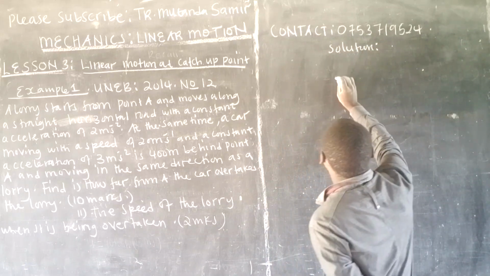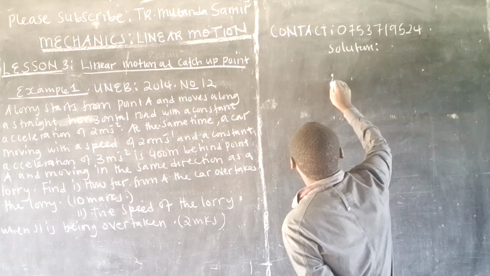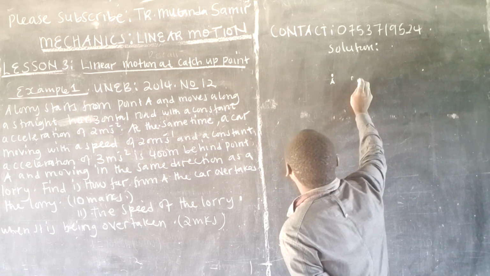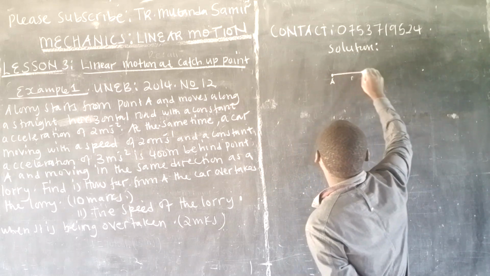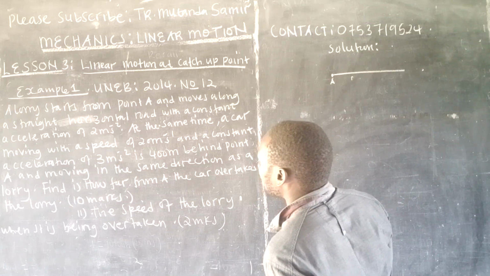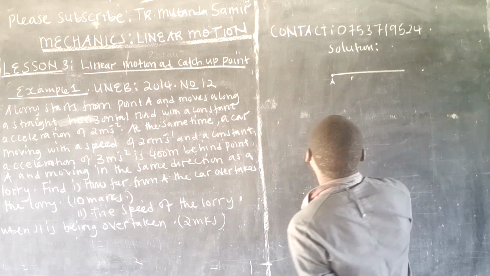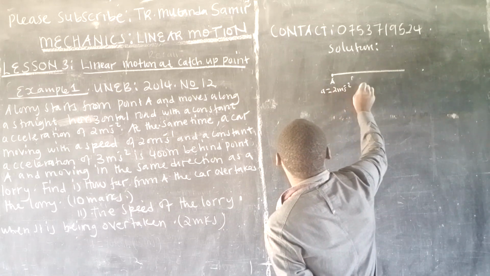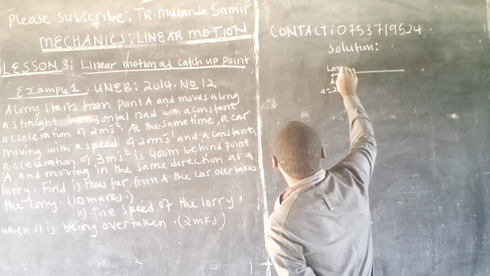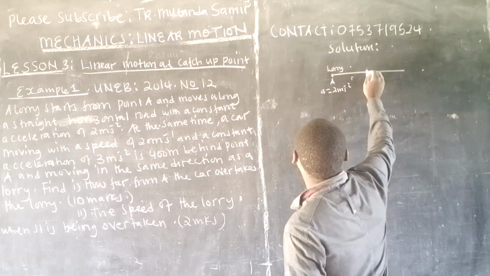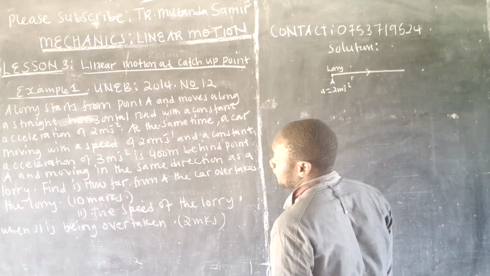So we know that we are here, at point A. I said a lorry starts from point A and moves along a straight horizontal road with a constant acceleration of 2 meters per second squared. This is our lorry, moving in that direction, along that straight line.